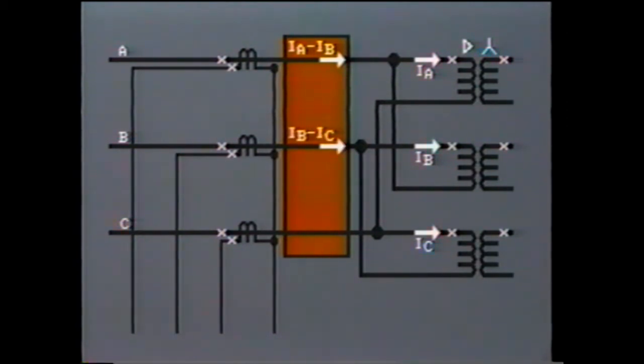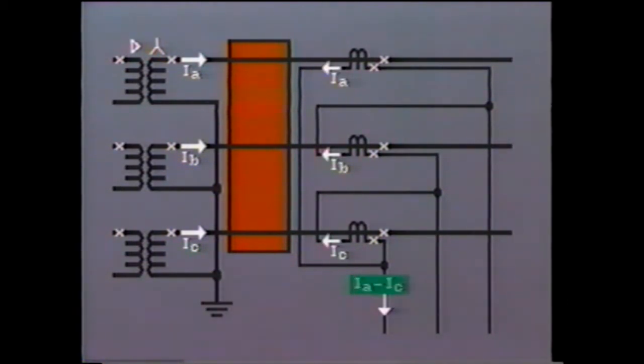In line B, the line current is IB minus IC. And in line C, the line current is IC minus IA. Observing the polarity markings of CTs on this primary side, we see that the current flowing to the differential relay is IA minus IB in this phase, IB minus IC in phase B, and IC minus IA in this third phase.